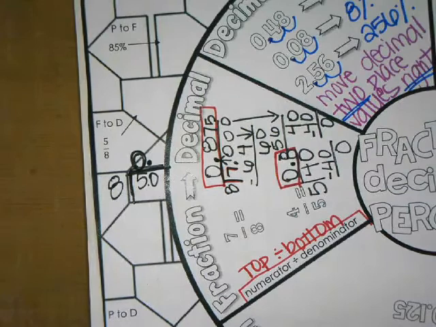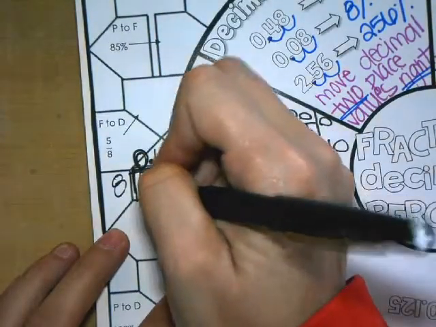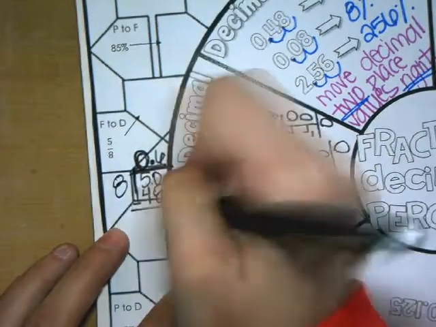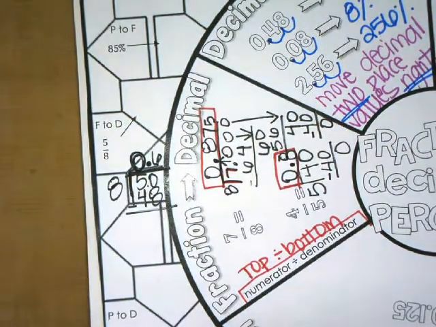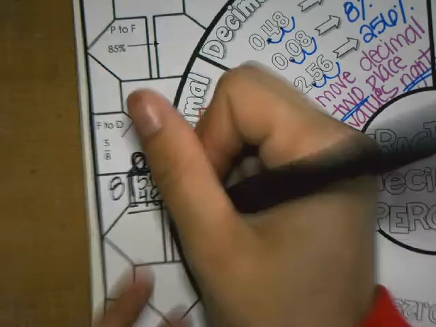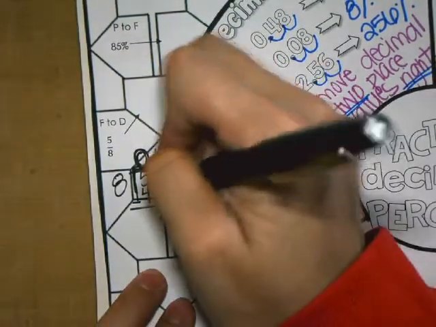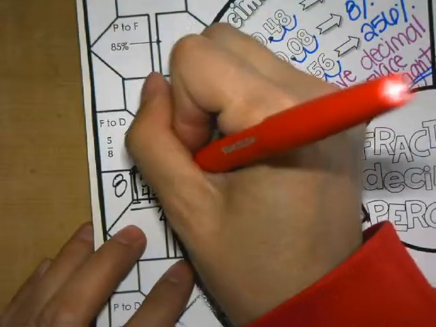Okay, 8 goes into 50. How many times? Because what is 8 times 6? And 50 minus 48 is 2. What do I need to add? Start using a different color so you can see this.